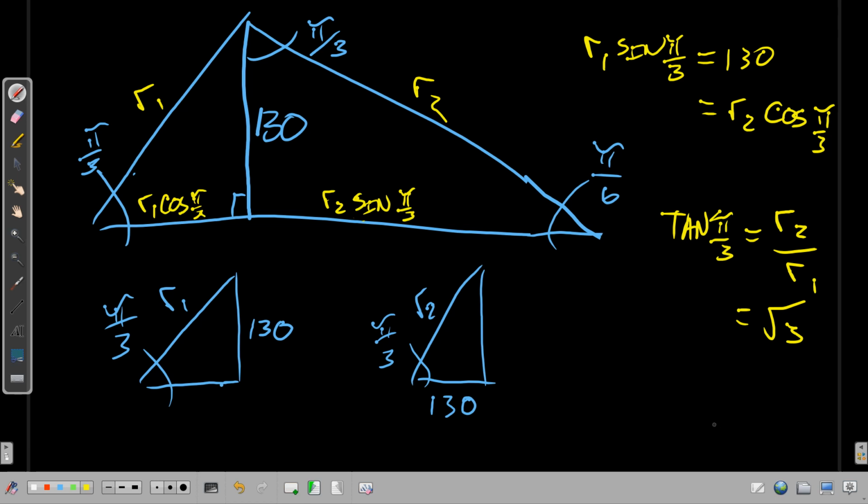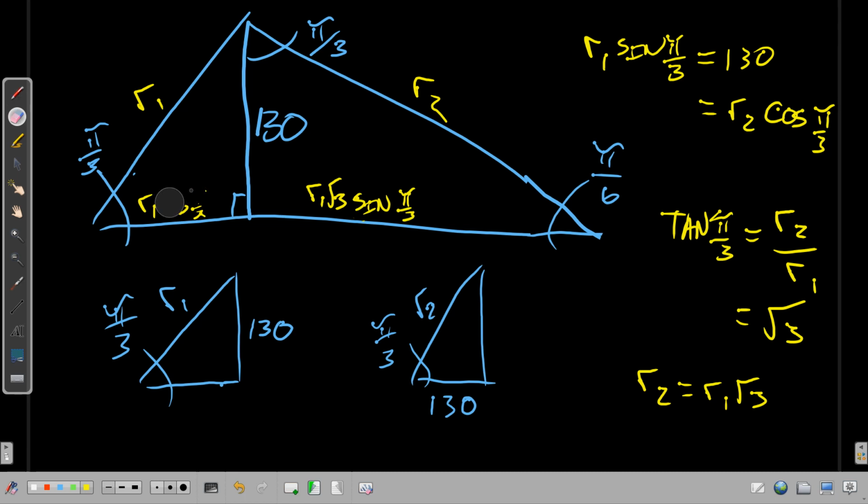Okay, not helpful yet. Except for we would now know that R2 is equal to R1 square root of 3. Okay, so then I could replace this R2 with R1 square root of 3.